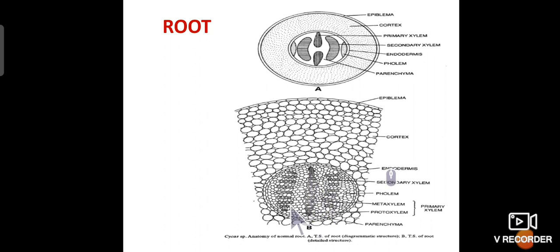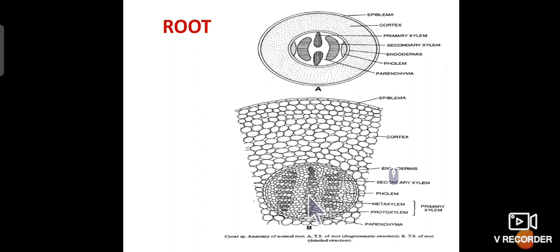This core here, this middle portion, is known as the stele. It is occupied by metaxylem, or sometimes metaxylem mixed with parenchyma. And the phloem consists of sieve tubes, the living cells of the phloem, which help in conduction of food, especially the sugars, and also consists of parenchyma.